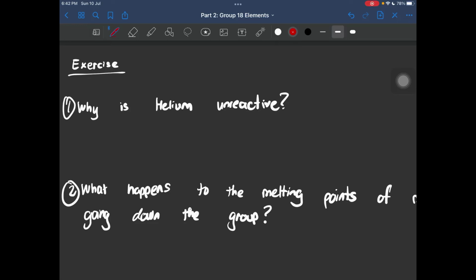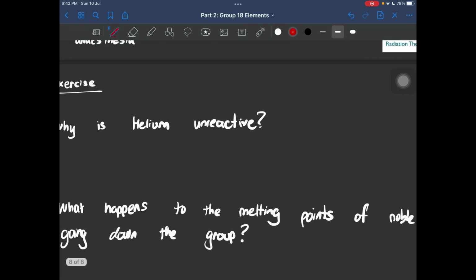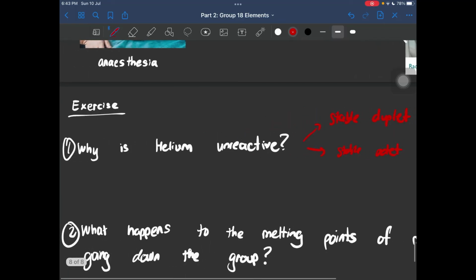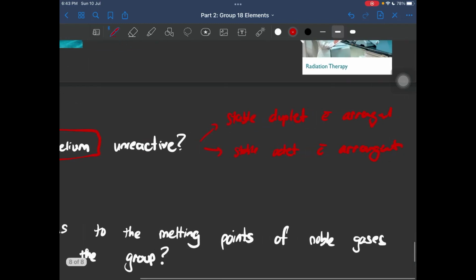However, some group 18 elements have a stable duplet electron arrangement, while others have a stable octet electron arrangement, right? For helium, helium is the only element in group 18 that achieves stable duplet electron arrangement. Every other element has achieved stable octet electron arrangement.